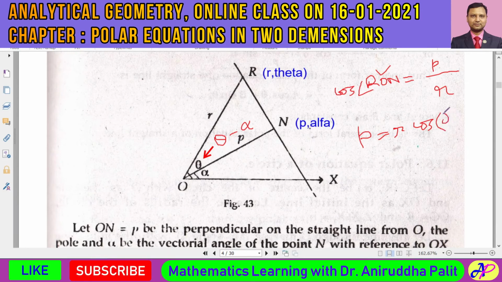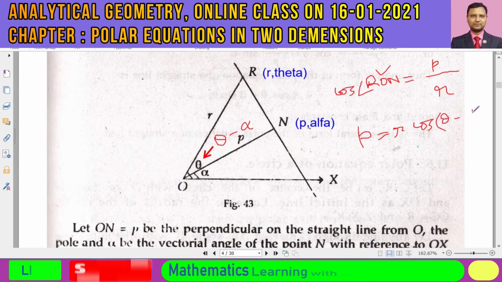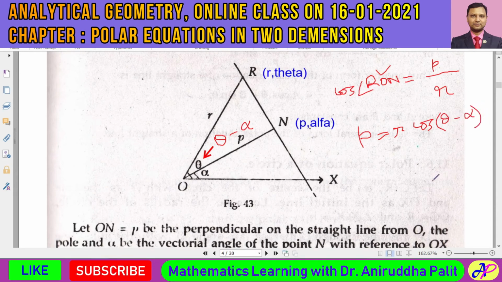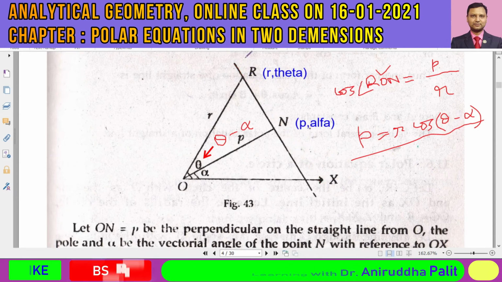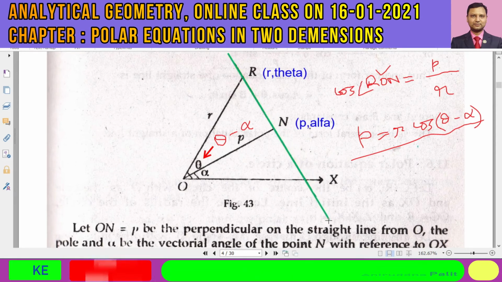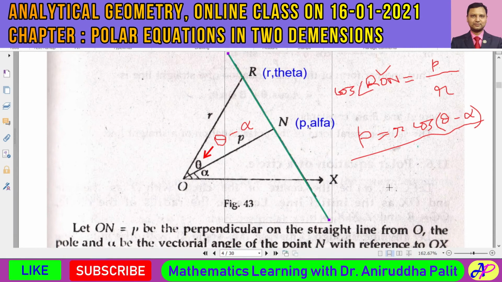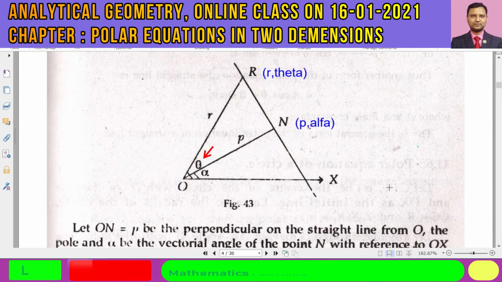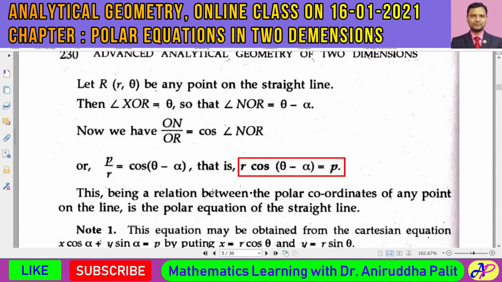So that is the relationship between r and theta, and that should be the equation of this straight line. Written this way, p by r is equal to cos of theta minus alpha, so that p is equal to r cos of theta minus alpha.